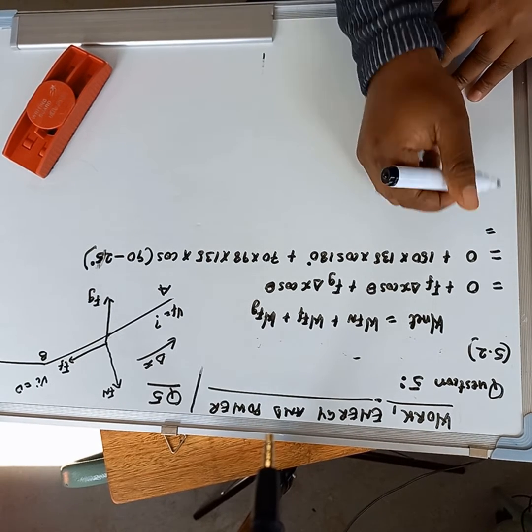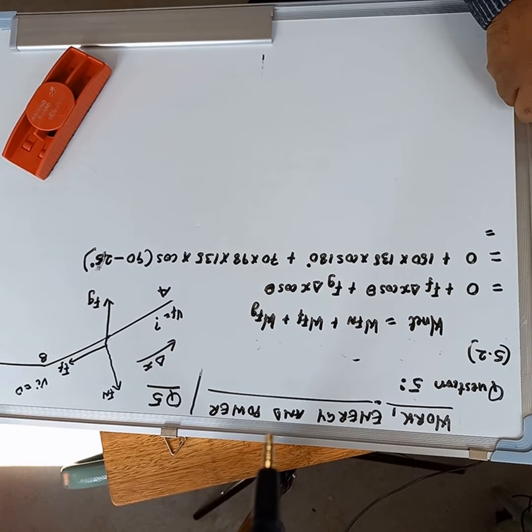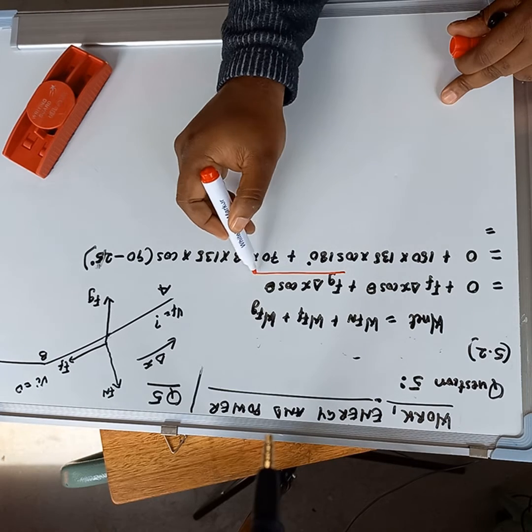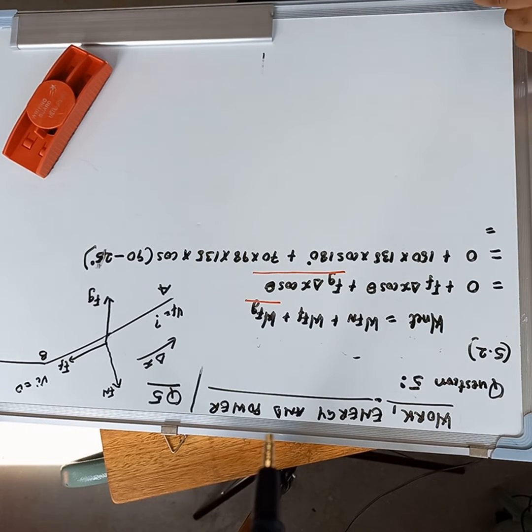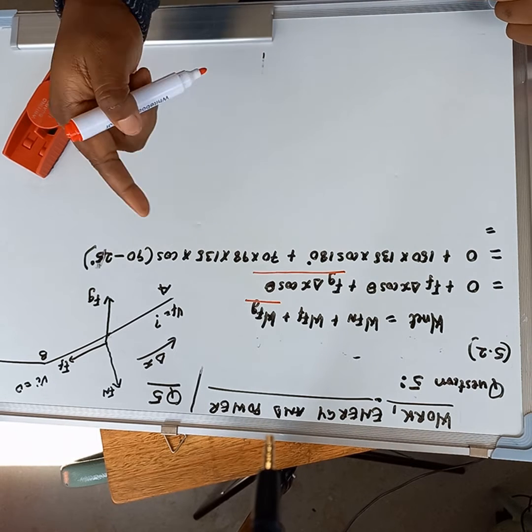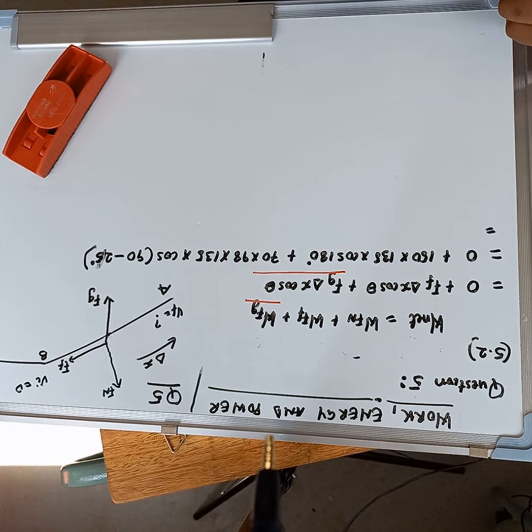If you look at this question, there are also many other ways in which I can calculate the work done by the force of gravity. I will come to that. I'm just using one method here. After this video, I will also show another method, so you choose the one you prefer.